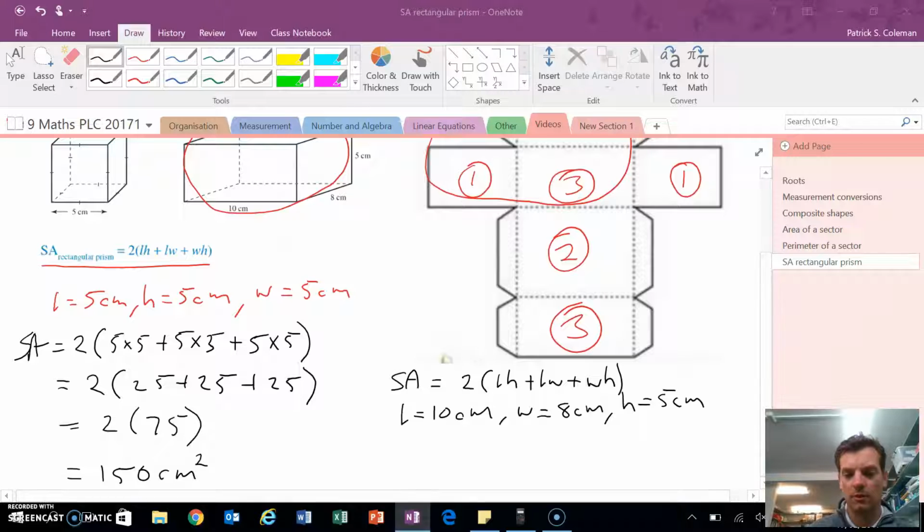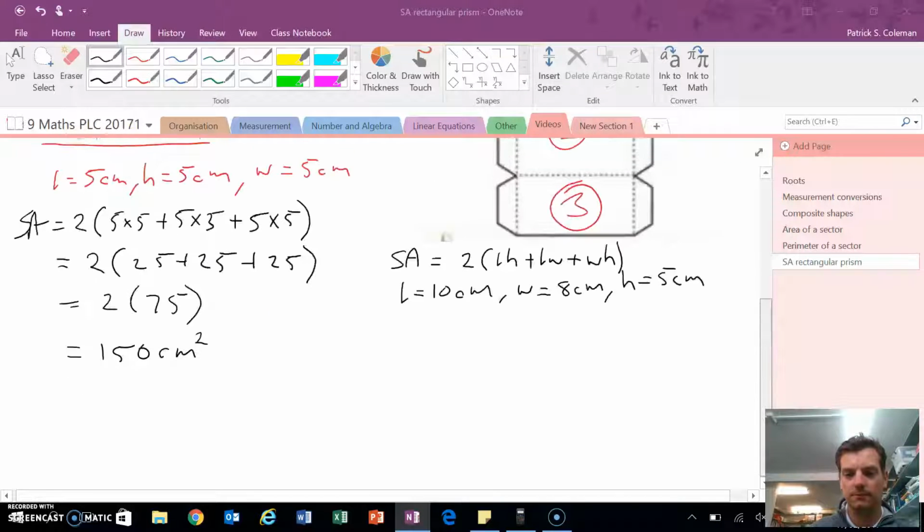Now we can just substitute those values into the formula. 2 times length times height, so 10 times 5, plus length and width, so my length is 10 times my width, which is 8, plus width by height, so we've got 8 times 5.